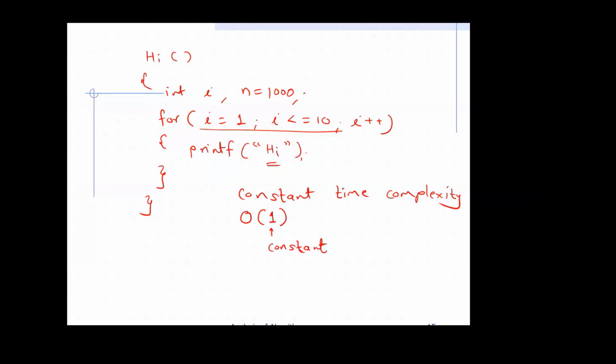Now, if we replace the same function, just the 10 is replaced by n. So again, I'm going to write the same function. But now instead of saying print 10 times, I'm going to use a for loop. You can take n from the user.